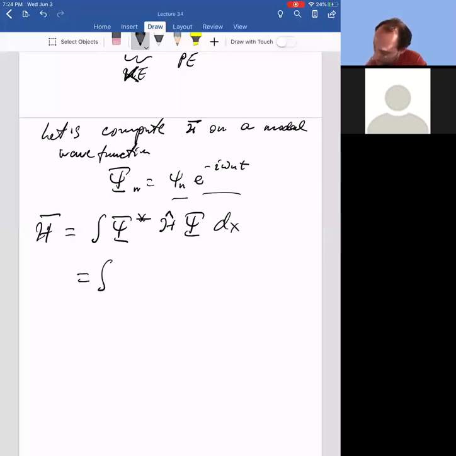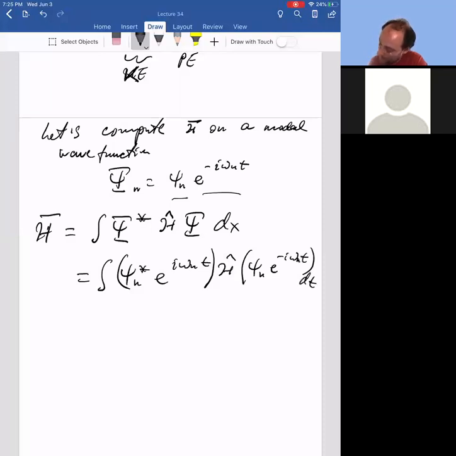Well, so first of all, let me expand this. In general, the spatial part can also be complex. And the first thing I'm going to do is move the temporal factors around until they multiply to 1, because this operates only on the spatial part of the wave function.